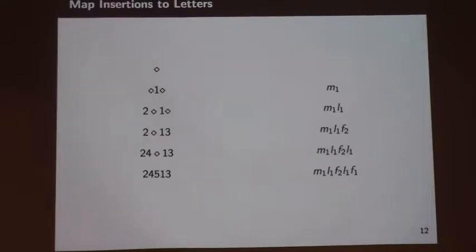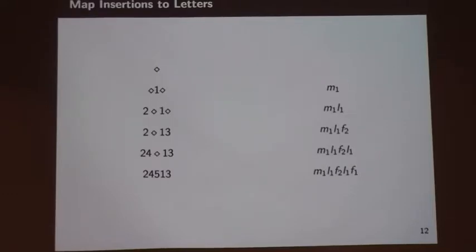While we're building up the permutation in this way, I'm keeping track of where in each active site I put a new element. The first time, I put an element into the middle of an active site, in particular the first active site, and I record that as M1. Then the next time I put an element on the left of the first active site, and I record that as L1.